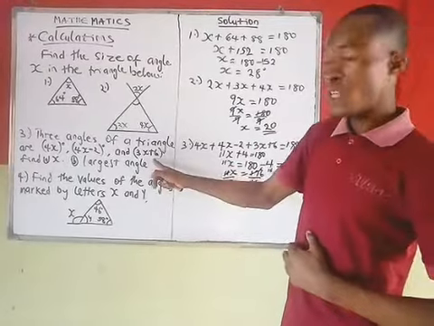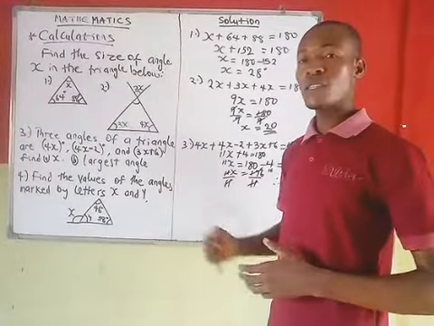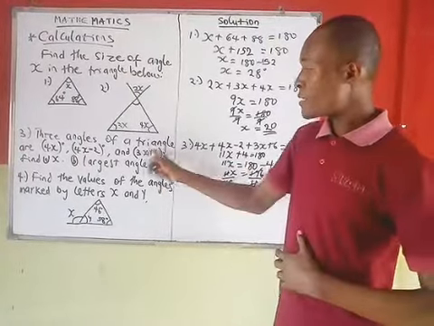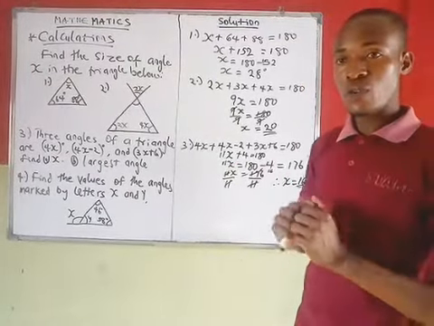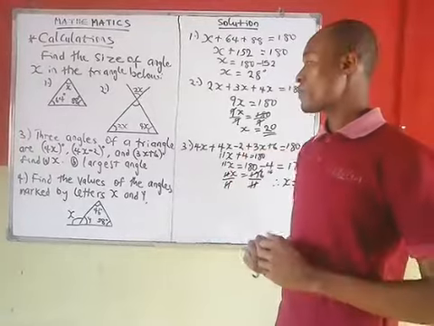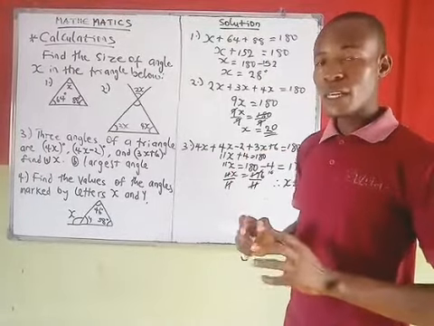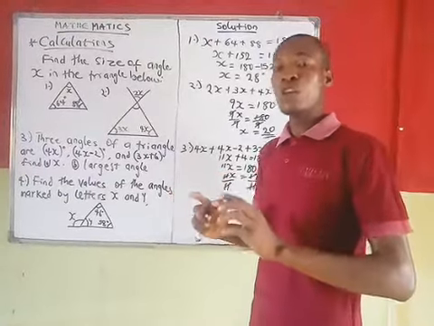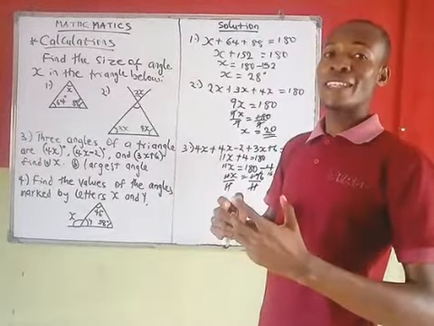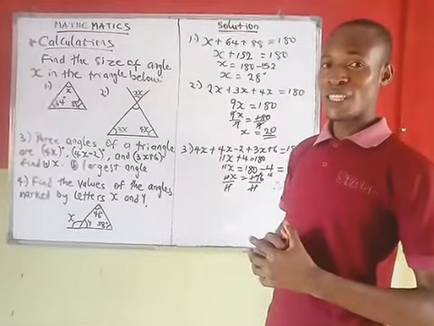In the third one, you have 3x plus 6. You do the same thing: 3 times that value of x we have gotten. Whatever you get as your answer, you add 6. Then after doing this, you can select the one that has the highest value, which becomes the one that represents the largest angle. Hope you understood this.